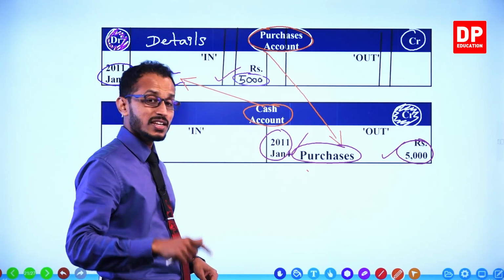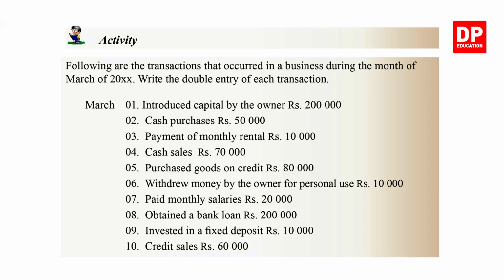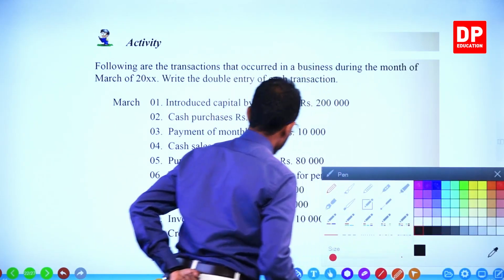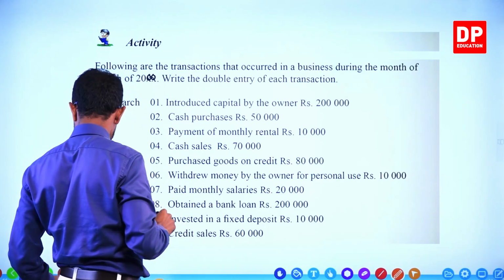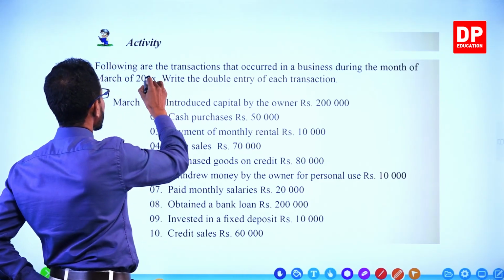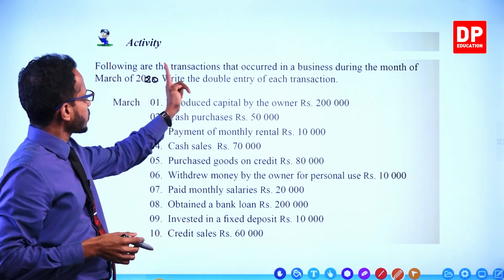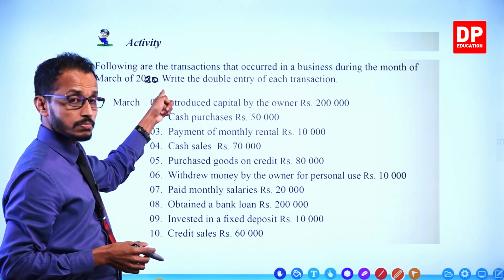Very nice. We'll go directly to an exercise, the activity in your textbook. Following are the transactions that occurred in a business during the month of March. Which year do you want? 2000? That's too far. 2020? Okay, March 2020.